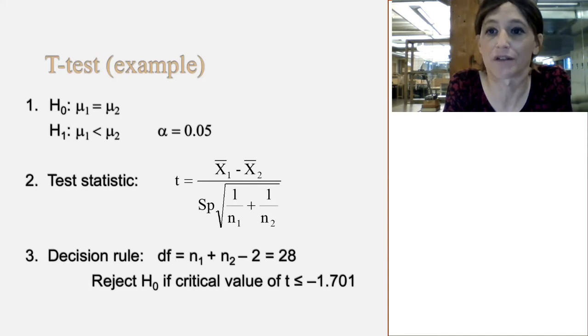If they're very different, then we actually need to do a correction for that, but I'm not going to go into that right now. So we're going to first calculate our t-value, but we also need to find a value for t for which we can reject the null hypothesis based on our t-statistic.